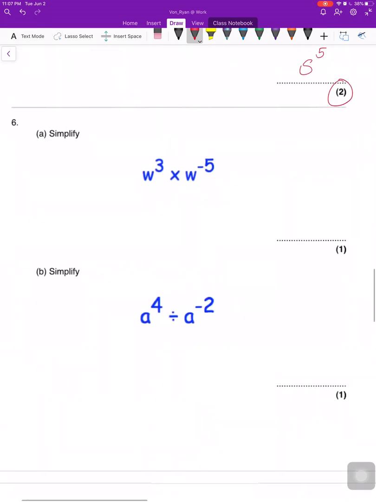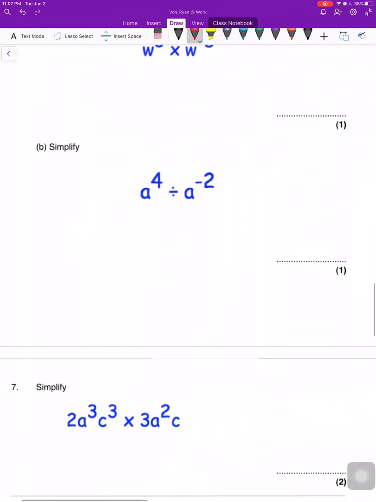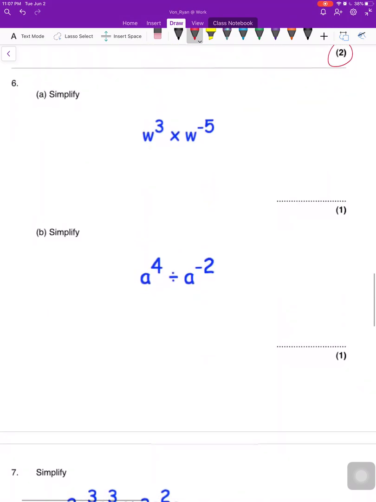Okay. So in this case, we have a negative index involved. So we have w cubed times w to the power of negative 5. You can work it out the same way. You can follow the rule, so it's going to be w raised to 3 plus negative 5.